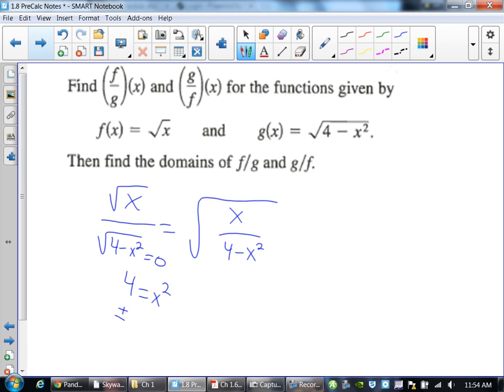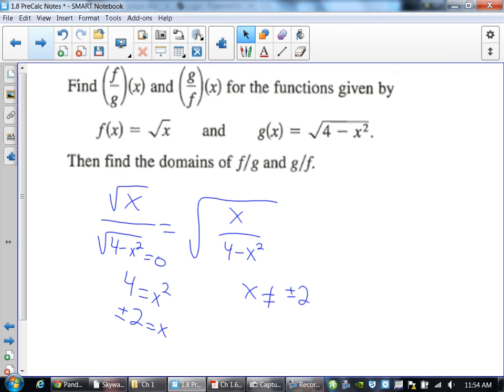Well, that means plus or minus 2 is x. Therefore, it's going to be all real numbers except plus and minus 2. So basically, you can write it as x can't equal plus or minus 2. And I'm okay with you writing it like that. Or all the R except plus minus 2. Either way is fine.